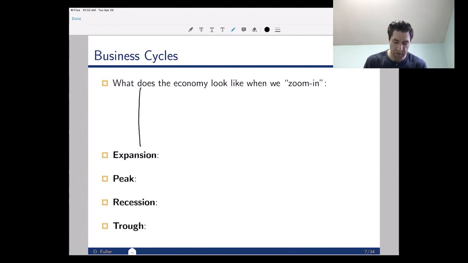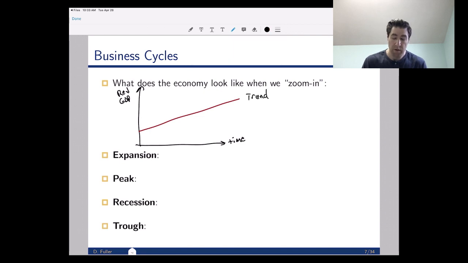I'm going to try to draw a picture here of time and real GDP. We had our trend, which was the general increase in real GDP over time. Our incomes or standard of living are increasing at roughly 2% per year. If I were to zoom in on that blue line, it would have a much more distinct wavy feature around the red line.